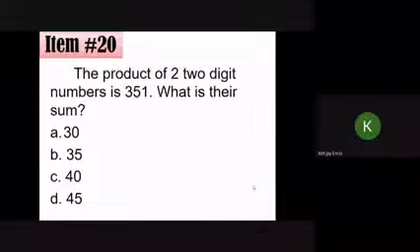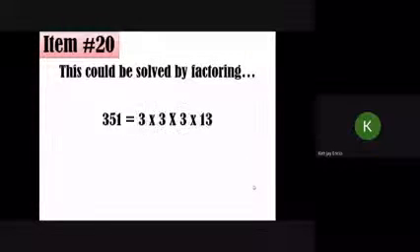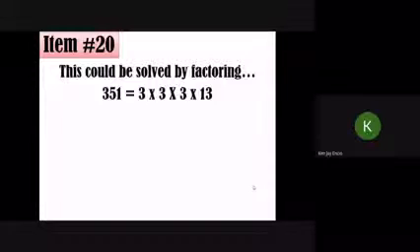Number 20. The product of two two-digit numbers is 351. What is their sum? 30, 35, 40, or 45? Now, to do this, one can do factoring. In my case, I took the prime factorization of 351, and it's 3 times 3 times 3 times 13.